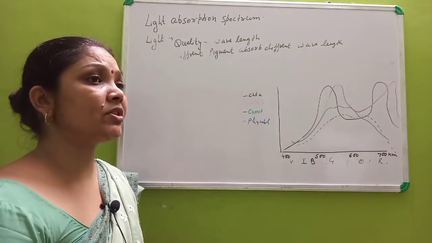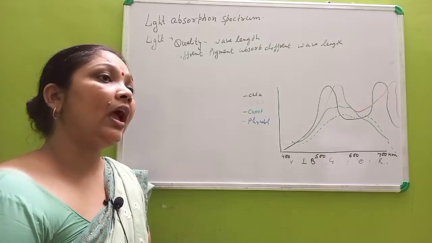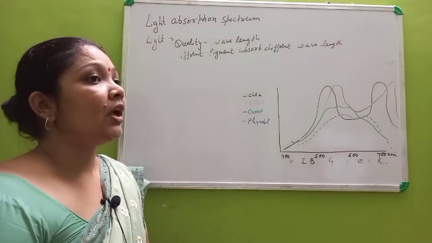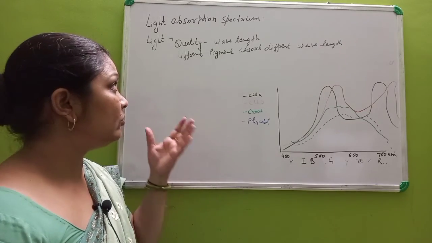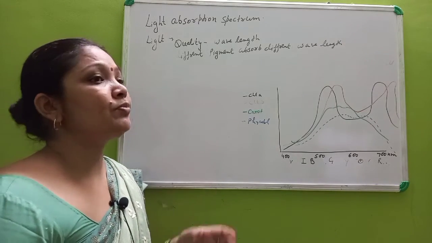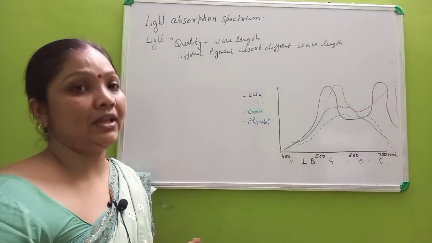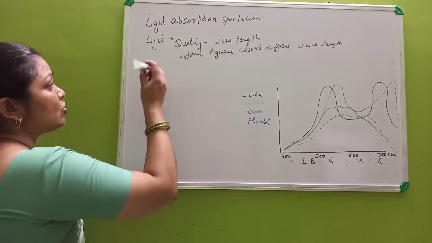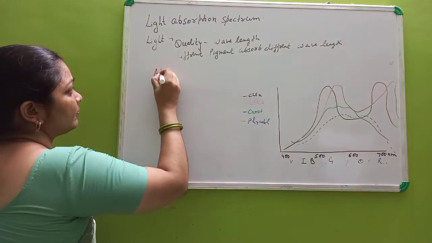So different wavelengths are absorbed by different pigments, and their working also depends on that absorption. So the absorption of light by different pigments is known as the absorption spectrum.